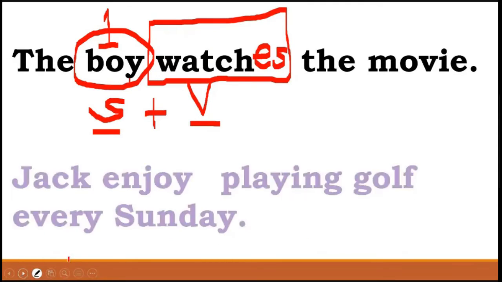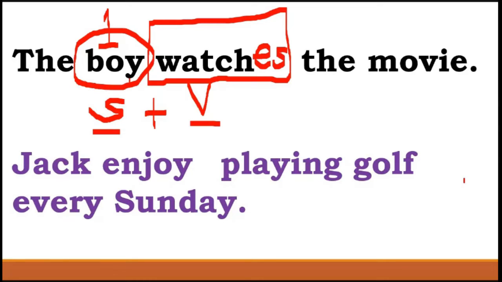Another example, Jack enjoy playing golf every Sunday. Which is our subject? Jack. How many Jacks are we talking about? How many subjects do we have? One po. Okay. So, this is the subject. And which is the verb? Enjoy po. So this is our verb.